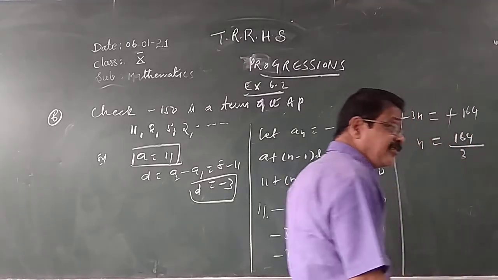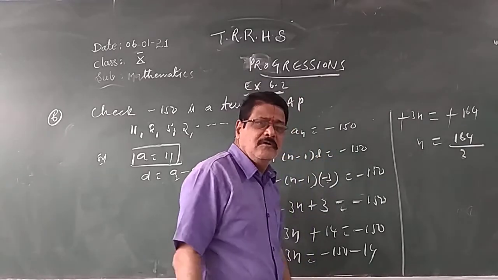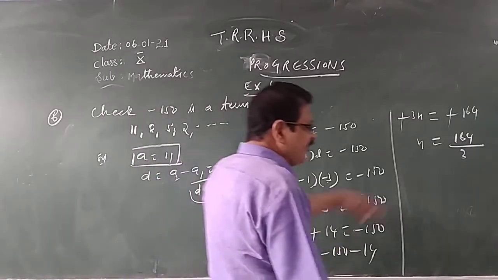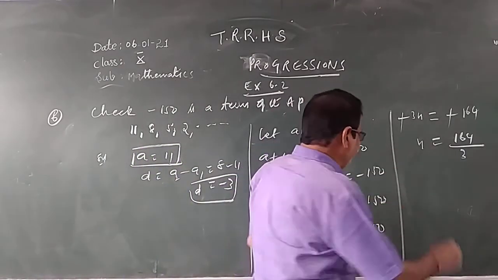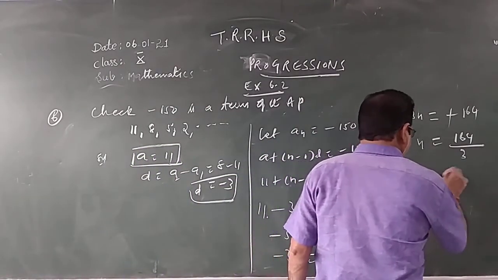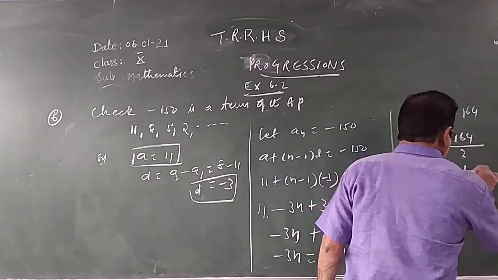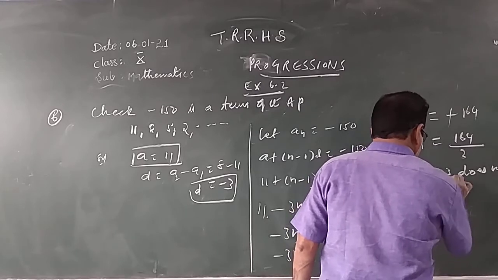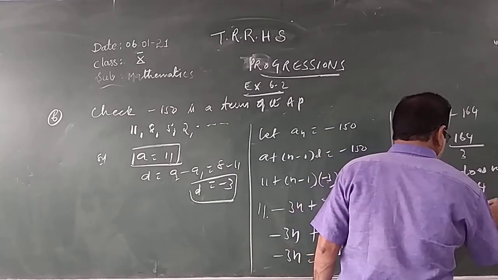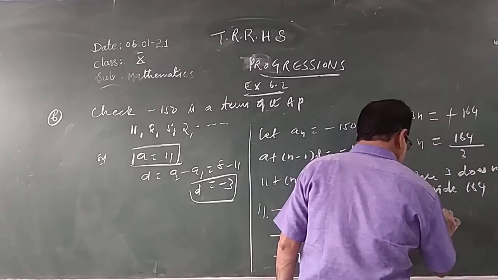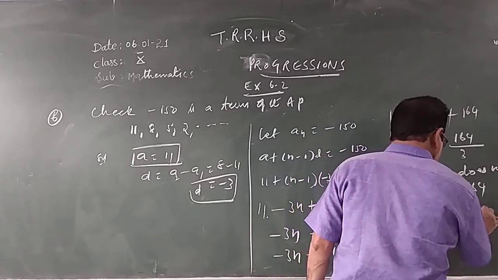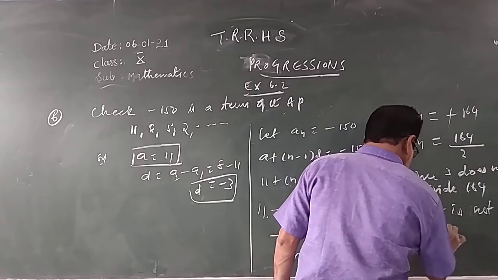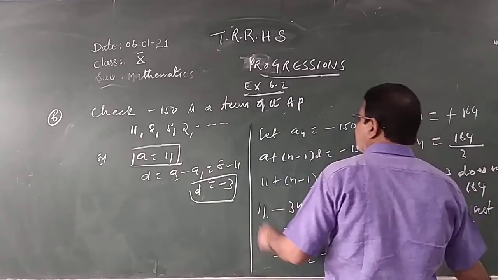Does 3 divide 164? No. It is not a whole number, it is not an integer, since 3 doesn't divide 164. Since 3 does not divide 164, therefore it is not any term of the AP.